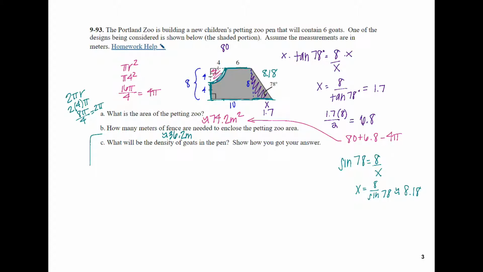So if our area is 74.2 and we have 6 goats, we take our amount of goats and divide by the area of the pen, and we get approximately 0.1 goats per meter squared, which is the same as saying approximately 1/10 of a goat per meter squared.